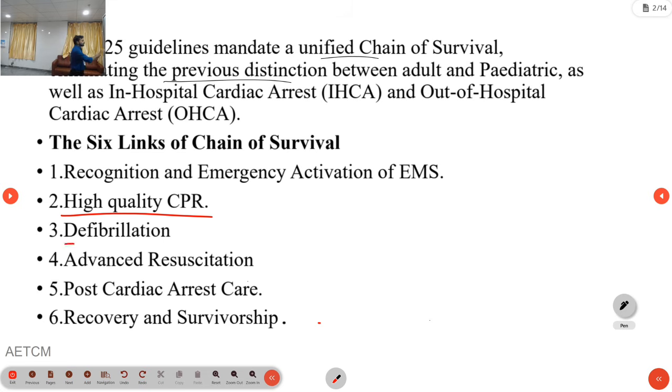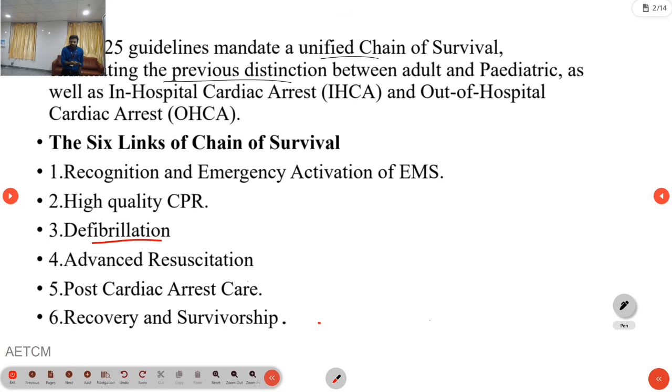Then the third link is defibrillation. We already know defibrillation is a procedure that can be performed in patients having shockable rhythms of cardiac arrest. We have 2 shockable rhythms, that is pulseless ventricular tachycardia and ventricular fibrillation. If you have these 2 shockable rhythms, we can perform defibrillation.